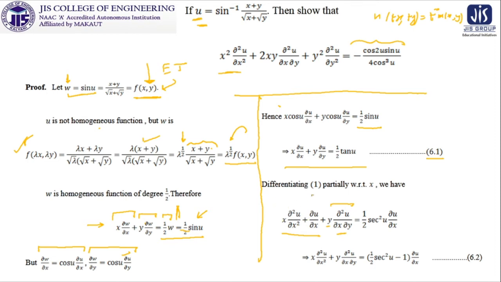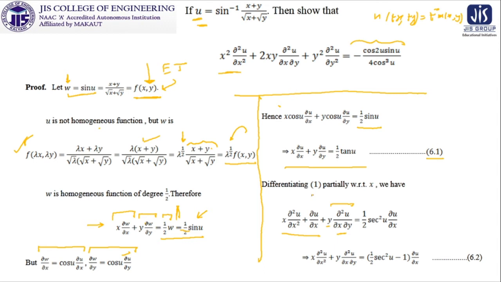And on the right hand side, half tan u is present. We are differentiating it partially with respect to x. We can write it as half sec² u ∂u/∂x, meaning we are differentiating it with respect to u and then adjusting with respect to the concept of chain rule.